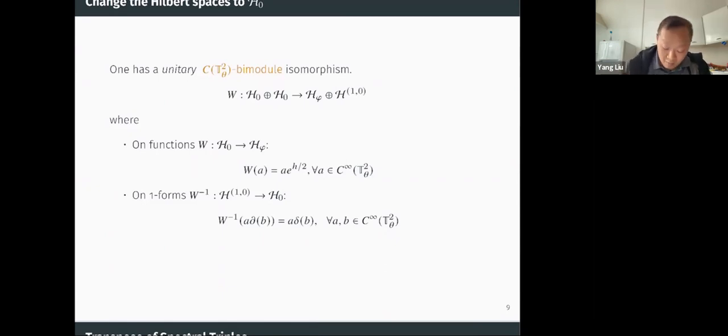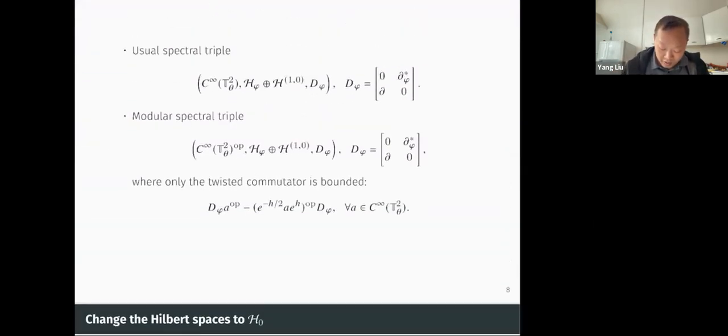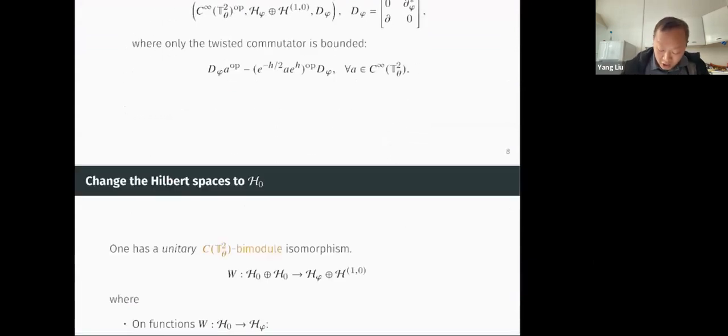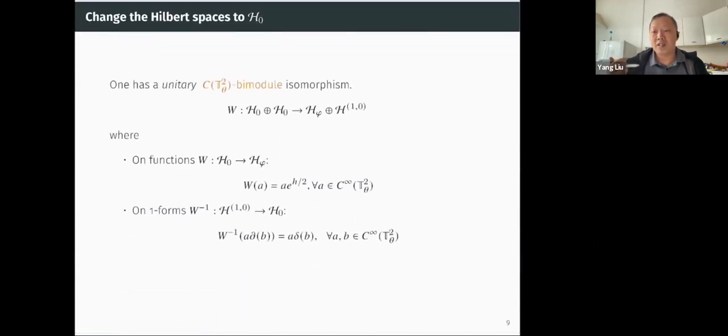So this is unitary and preserves the bimodule structure. The next step is that we do not want to work with this right action, so the next technical part is to take the transpose.